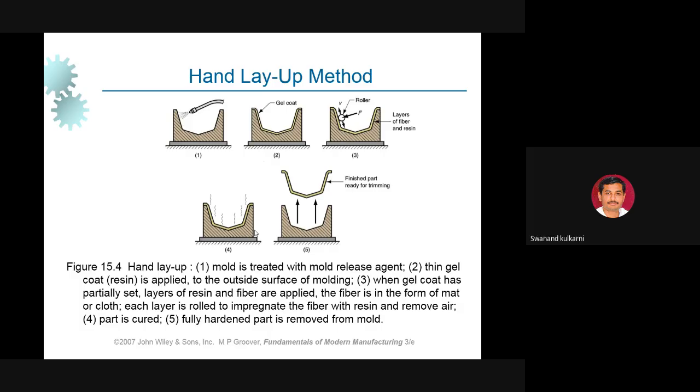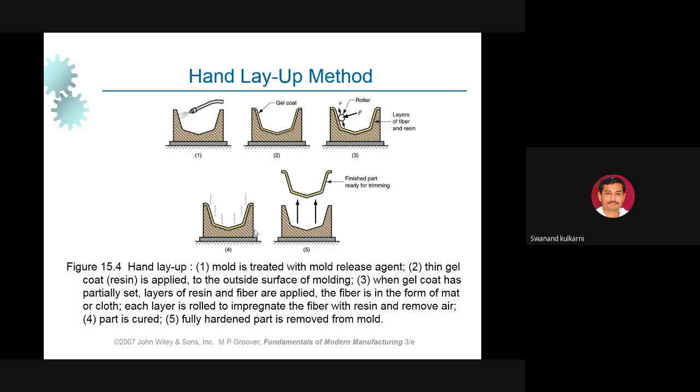So alternate layers of fiber and matrix are applied here, and then due to application of the rollers, layers will get generated here. This layer is rolled to impregnate the fiber with resin.